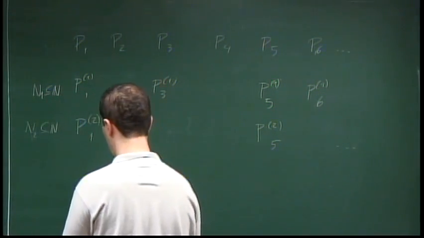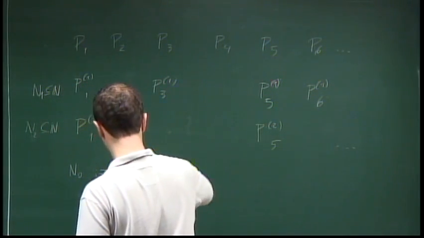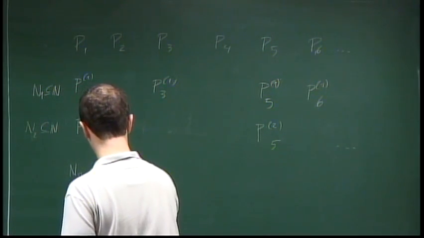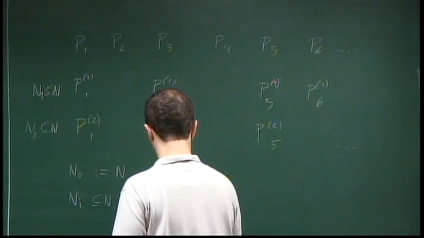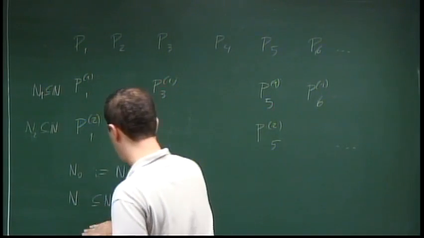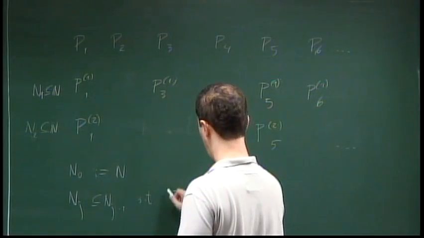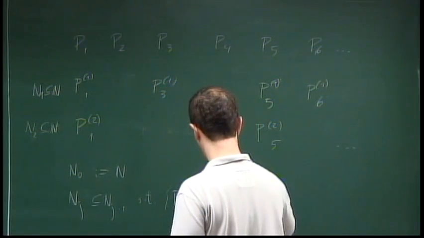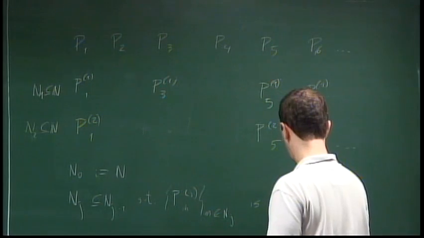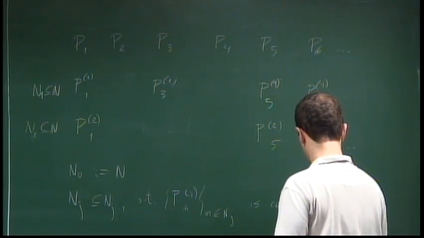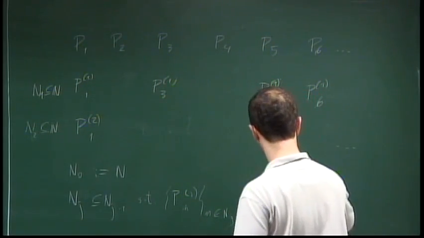So in general, what I'm going to do is I take n0 equal to n, and I take ni to be a subset of ni minus 1, such that Pj restricted to nj is convergent, in the sense that it is weakly convergent.